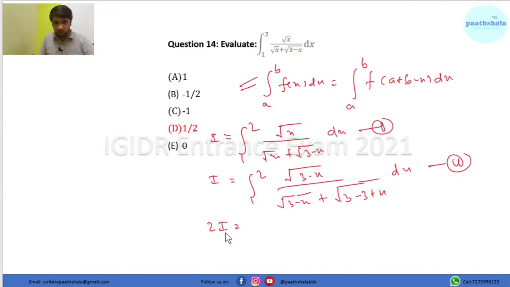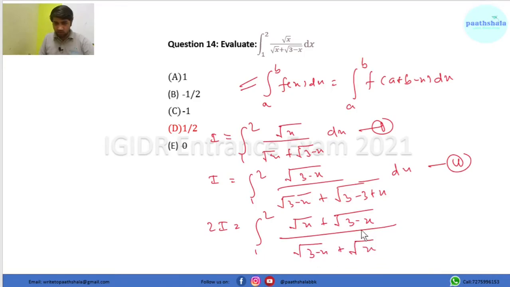On the left you will get 2I, and on the right you will get the integral from 1 to 2. In the numerator you will get root x plus root 3 minus x, and in the denominator you will also get root 3 minus x plus root x, because here 3 and 3 get eliminated, dx. These two expressions are the same, so they get eliminated.